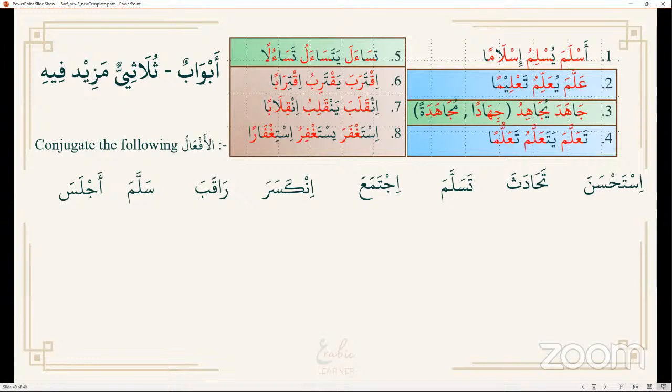Ajlasa. This is Hamzatul Qata, okay? From the beginning. Ajlasa, yujlisu, ijlasan. Good.